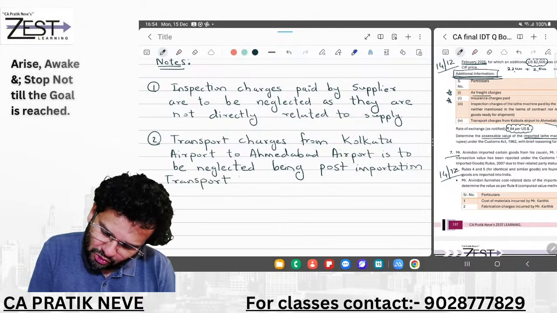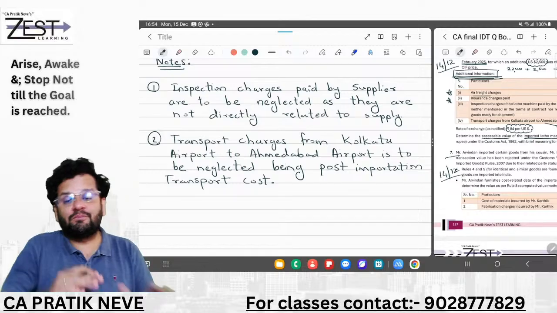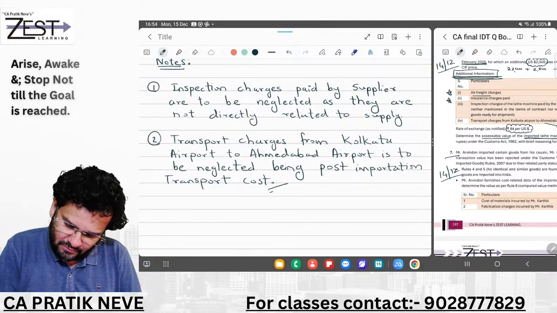Is it clear to all of you? Being post import transport cost.